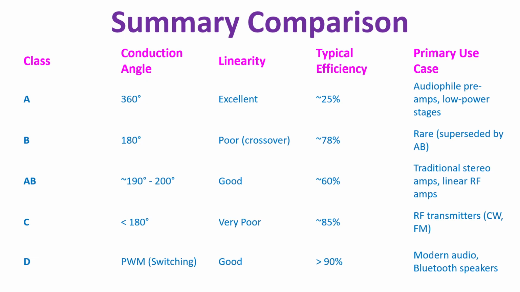Linearity is very poor, but typical efficiency is around 85%. And primary use case in RF transmitters, CW and FM. Class D, pulse width modulation, that is switching. Linearity is good. Typical efficiency more than 90%. Primary use case: modern audio, Bluetooth speakers.